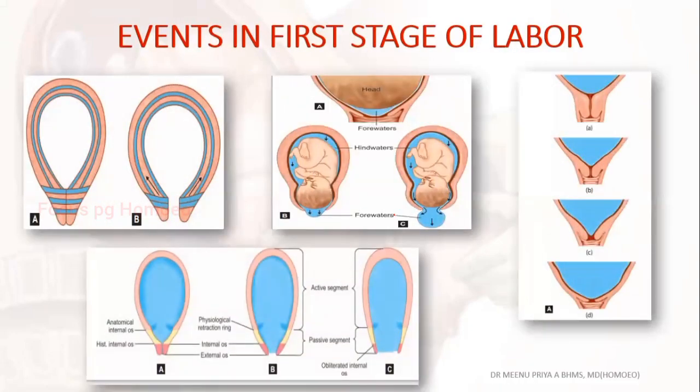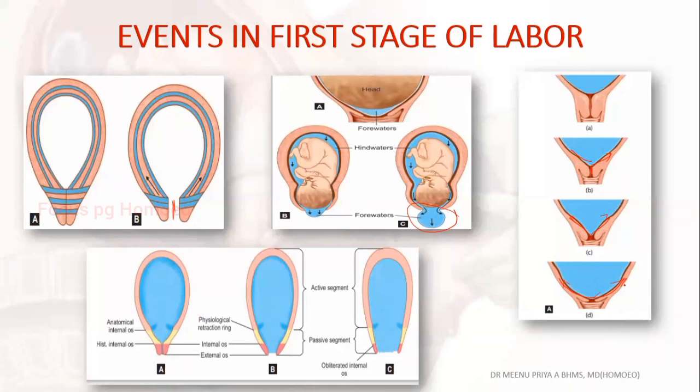Now the pictures. Here you can appreciate the cervical dilatation that is happening. Then here is the formation of the bag of waters. And this is effacement. Here you can see the cervix, the size has reduced and it is pulled upwards, and again pulled further upwards, and there is complete thinning of the cervix.